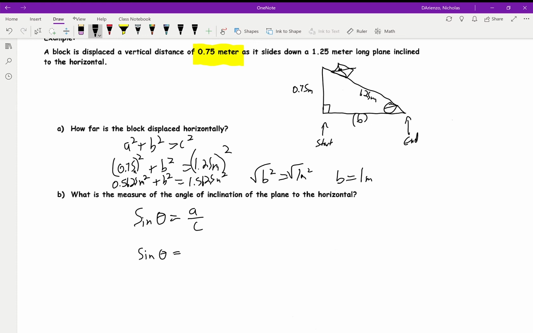So sine theta is equal to 0.75 meters over 1.25 meters. Now, if we punch this in, we get a ratio of 0.6. Our meters here are going to cancel.